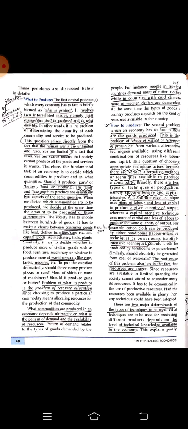Thus labor surplus economies make more use of labor intense technique as compared to the labor scarce economy. So in a country where there is more labor, they can utilize that labor resource and use a labor intense technique.